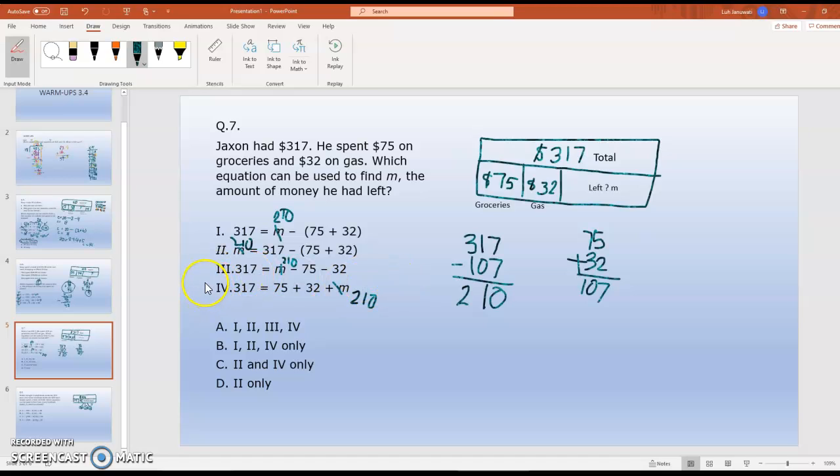If it's not correct, if the left hand side is not the same as the right hand side, then that's not the correct equation. Okay? So that's another way you could solve a problem with an equation. You can just solve it and then see which one is correct. Okay?